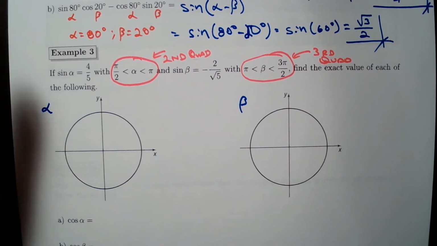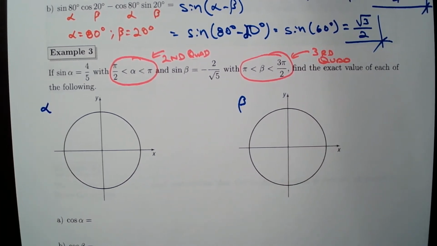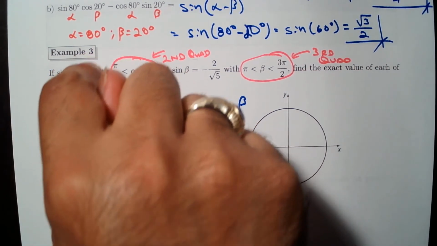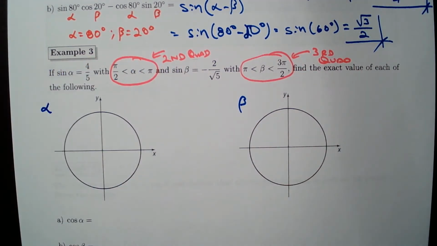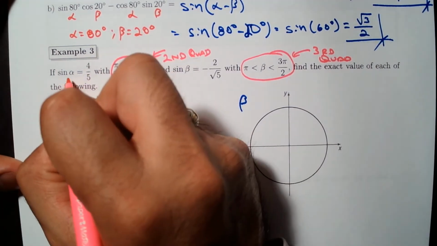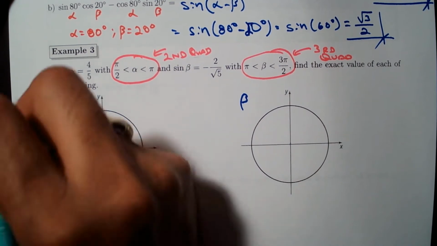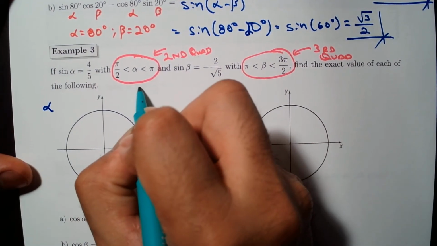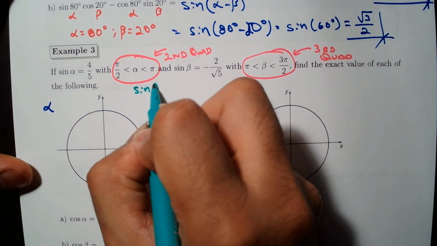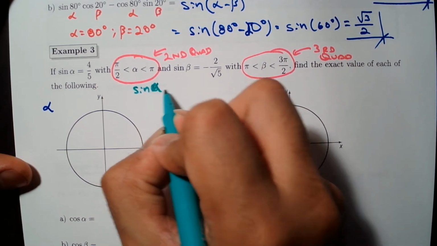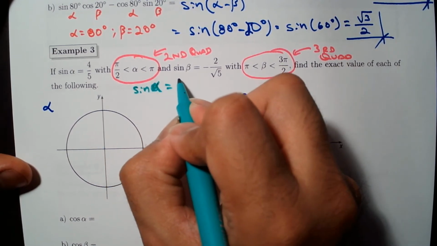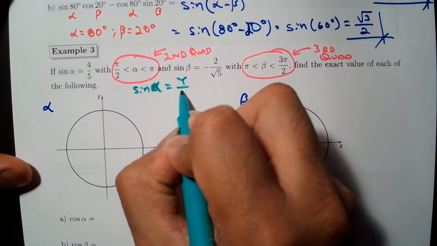That's what this means. So it means that we need to plot the point in which sine alpha equals 4 over 5. One thing to keep in mind is that sine alpha is y over r.